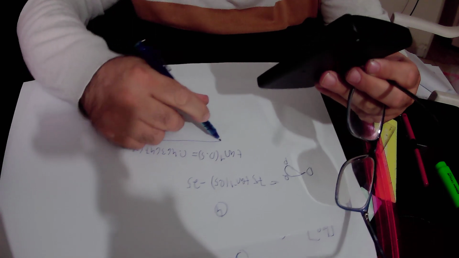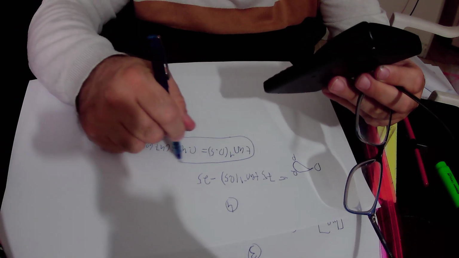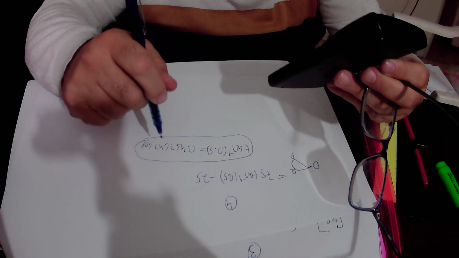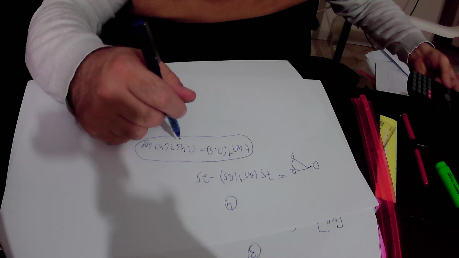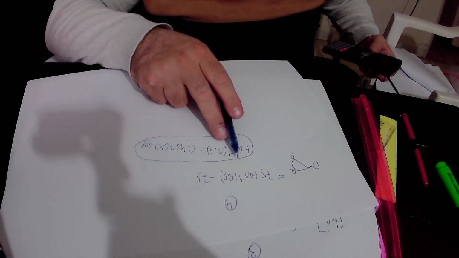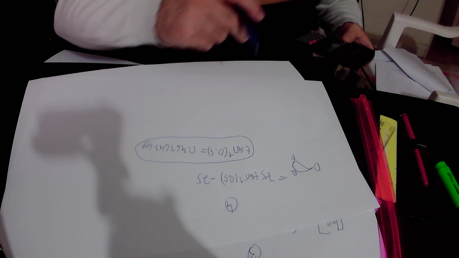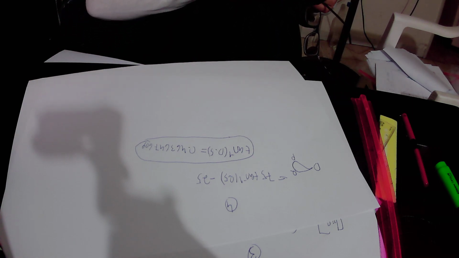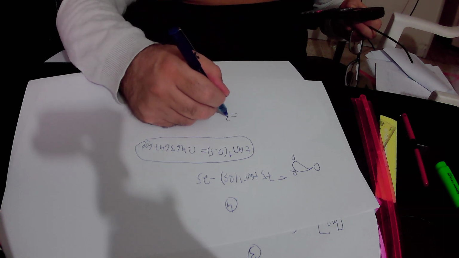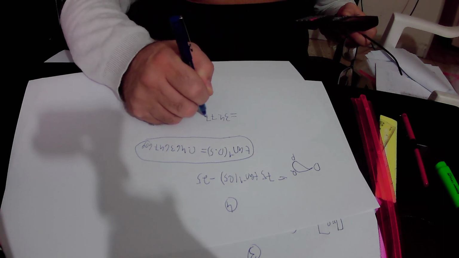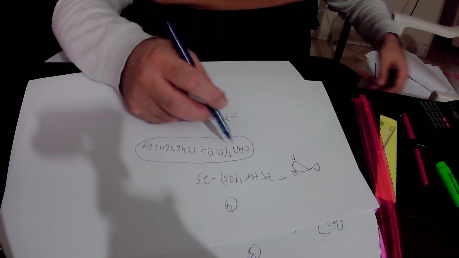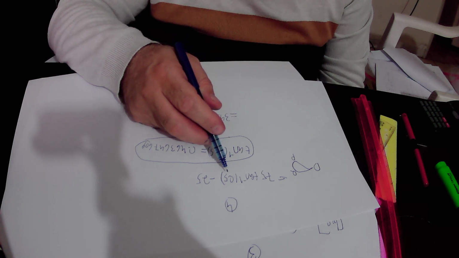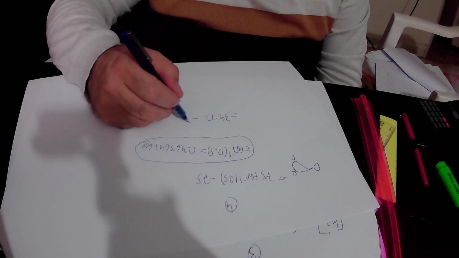This is the value of the inverse tangent of 0.5 in radians. Now we have to multiply tan inverse of 0.5 by 75. We multiply it by 75. It is equal to 34.77. Okay, 34.77 is 75 tan inverse of 0.5.